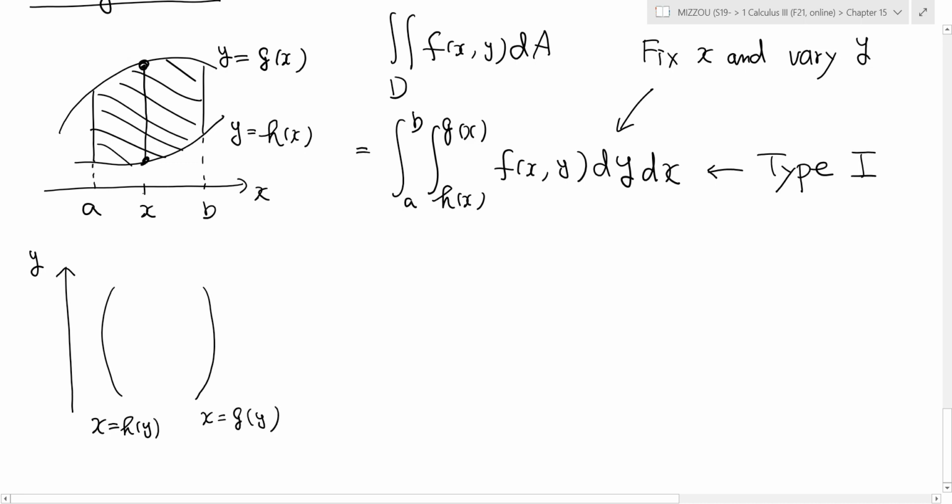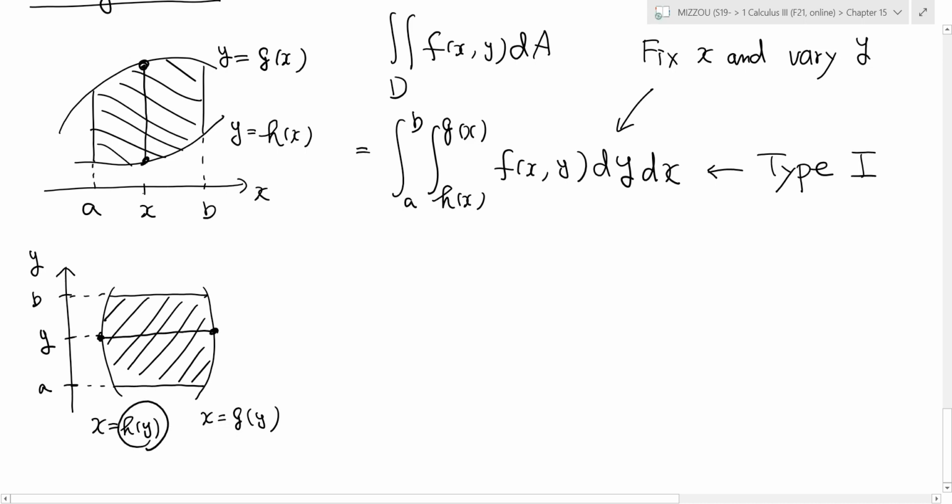Your y value is from some constant to another constant. In this case, what you should do is fix y, and for each fixed y, your x varies from h of y to g of y.